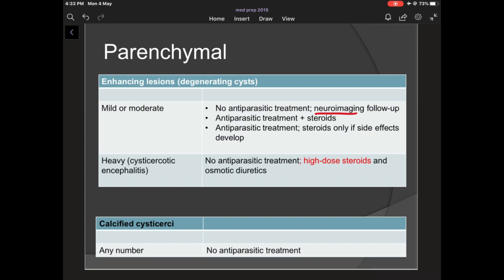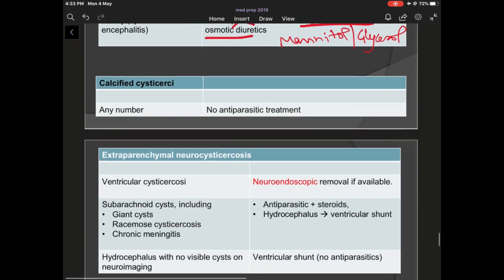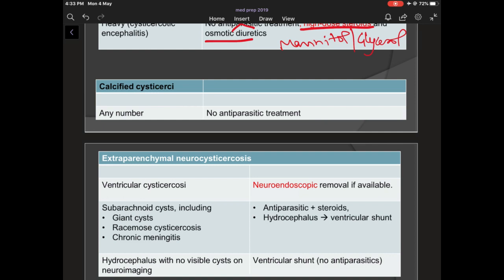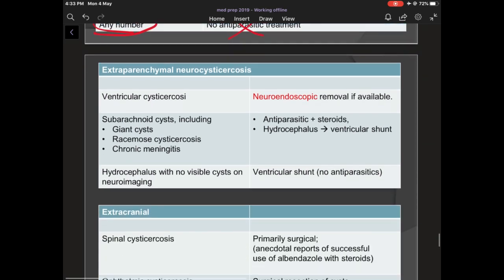In case of heavy cysticercotic encephalitis, no antiparasitic treatment is given, only high dose steroids and osmotic diuretics, which are mannitol or glycerol. Then in case of calcified cysticerci, any number, no antiparasitic treatment is given.